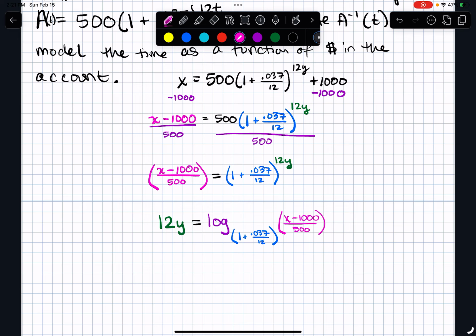Now I almost have gotten y alone, but I have that 12 in front. So after this, let's write this just to keep it a little simple: I'm going to multiply both sides by 1 over 12. So then we have our inverse function.